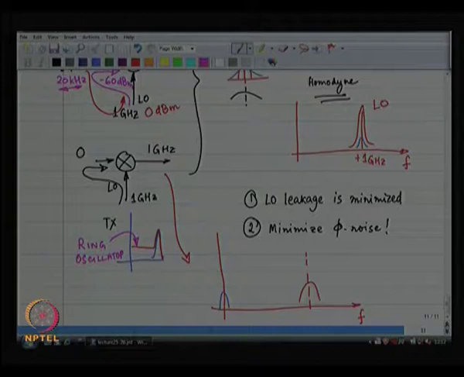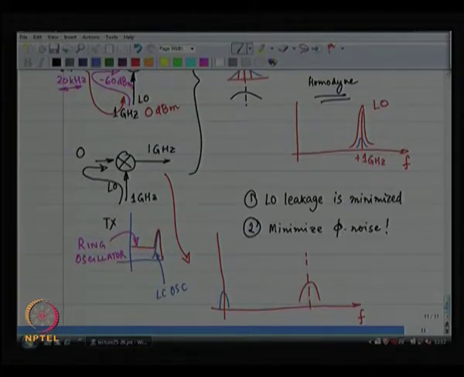If you make an LC tank, inductor capacitor tank, and you make an oscillator out of it, then typically this is not going to be the case. Your LC oscillator will have characteristics like this, in which case you are saved from this problem.